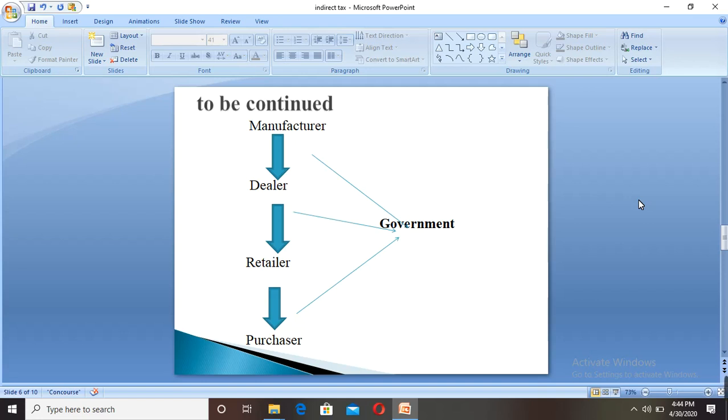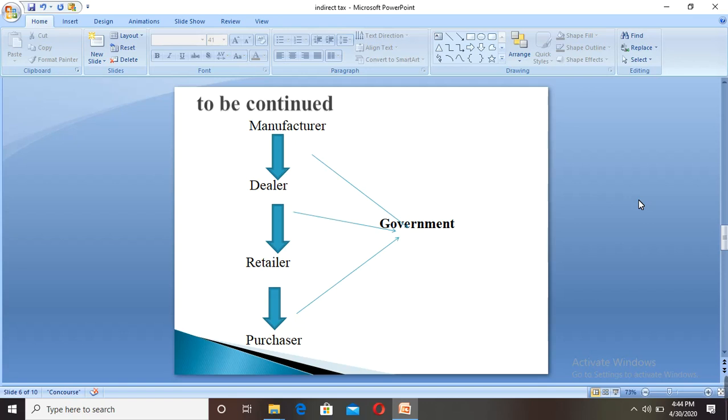In this diagram, the manufacturer imposes VAT on the dealer. The dealer passes the burden of VAT to the retailer. The retailer passes its burden of tax to the purchaser. And finally, the purchaser has to take the burden of the entire VAT.